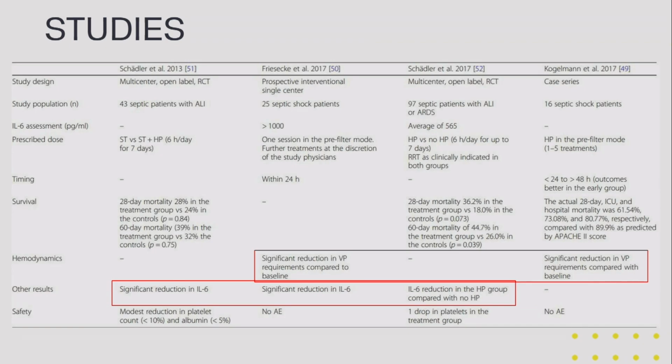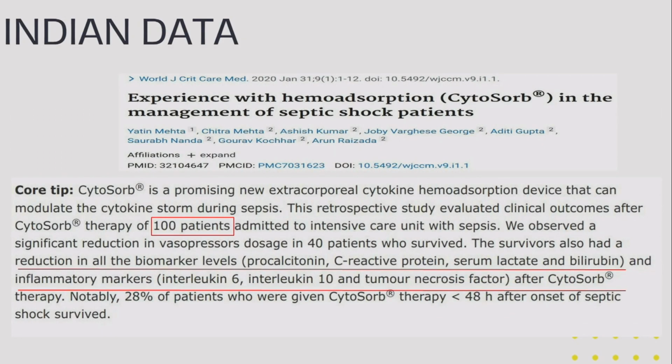In Indian data, it was mostly seen in septic patients, and this is data from a study of 100 patients. They looked at the biomarkers of sepsis, and they found it working very well if initiated within 48 hours of sepsis. So the timing was interesting here.